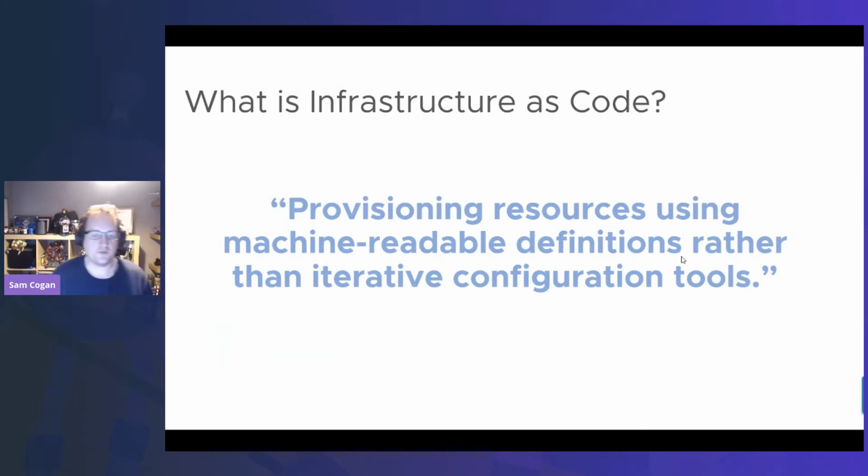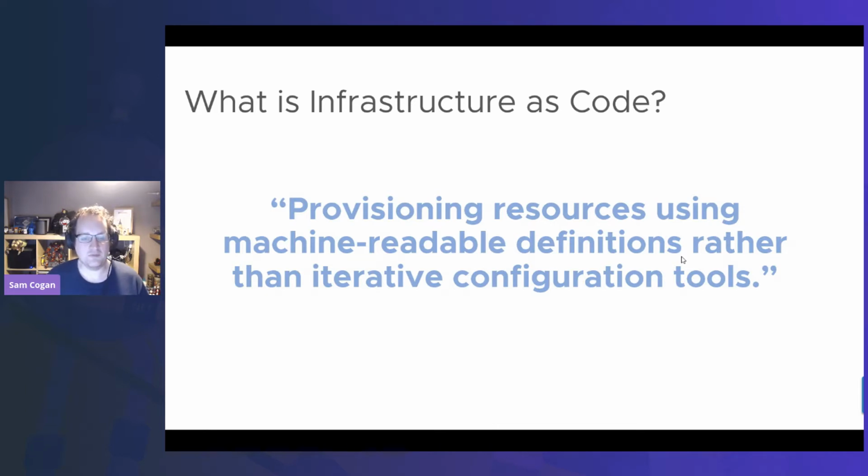So we're going to start off, first of all, looking at what is infrastructure as code, what it's all about, and why it's something you might be interested in having to pick up. If you look at the definition of it, it's what it says here. It's provisioning resources using machine-readable definitions. Okay, but what does that actually mean? And in particular, what do we mean when we talk about modern infrastructure as code?